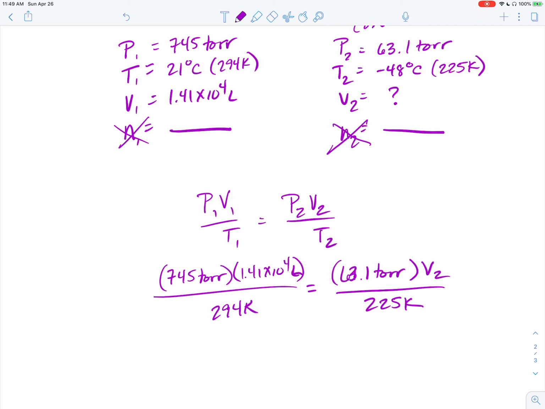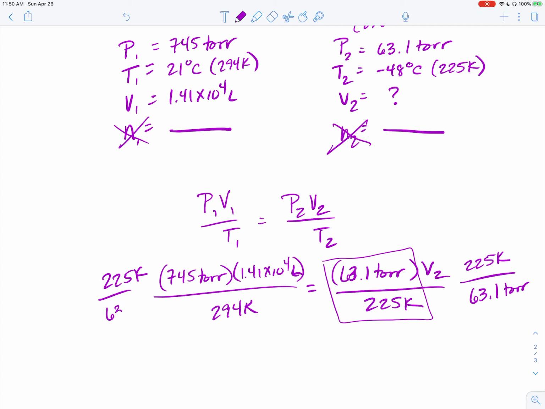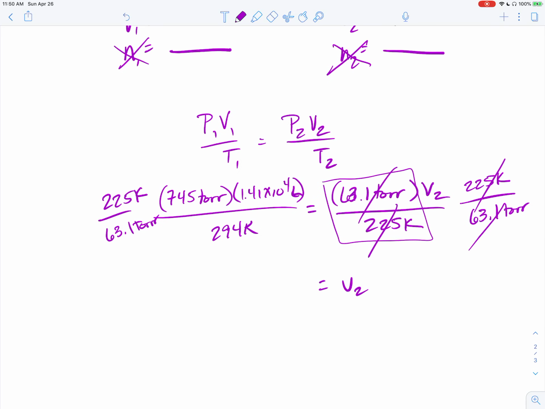In order to do that, you multiply by the reciprocal of this set of information, so we'll have 225 Kelvin divided by 63.1 torr on both sides. These will cancel out, and that leaves you with just V2 on the right-hand side. If you cancel out the units, torr cancels, Kelvin cancels, and that leaves you with liters.